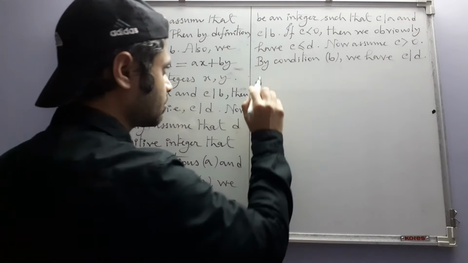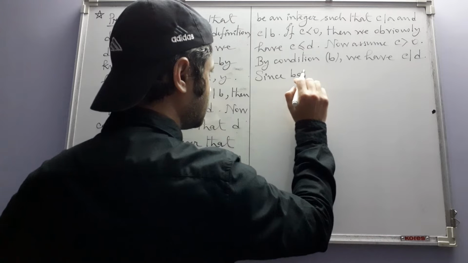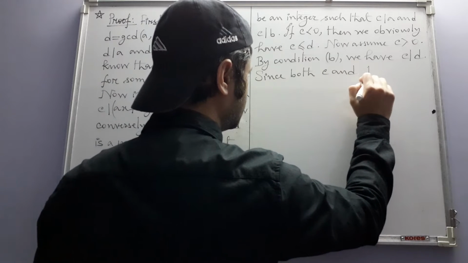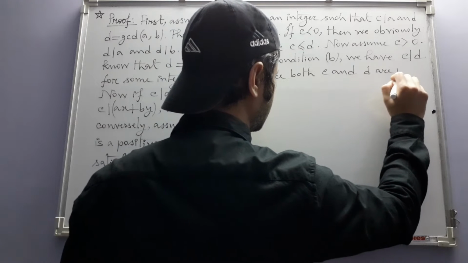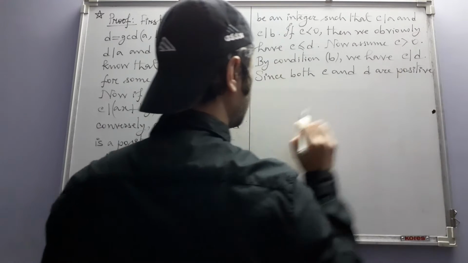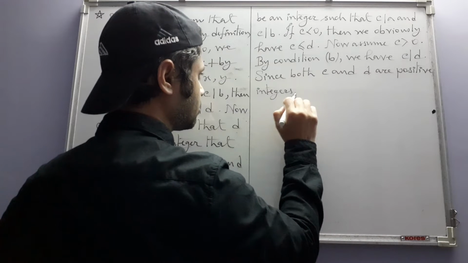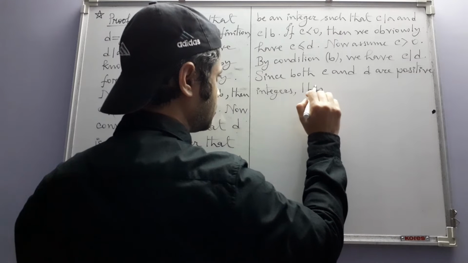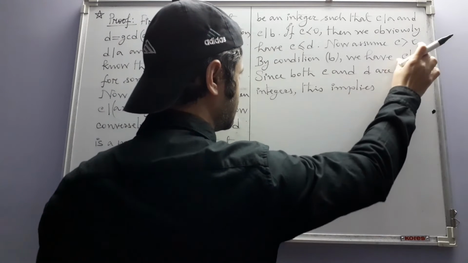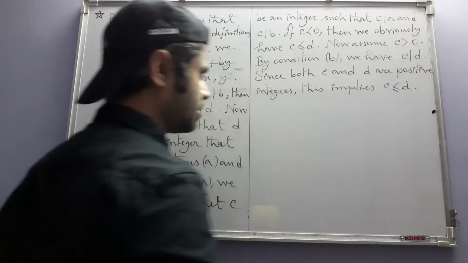Okay, since both C and D are positive integers, this divisibility implies C has to be less than or equal to D.